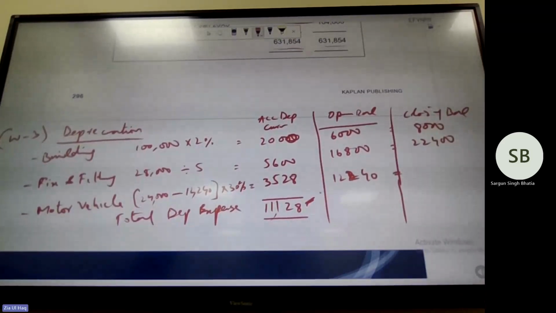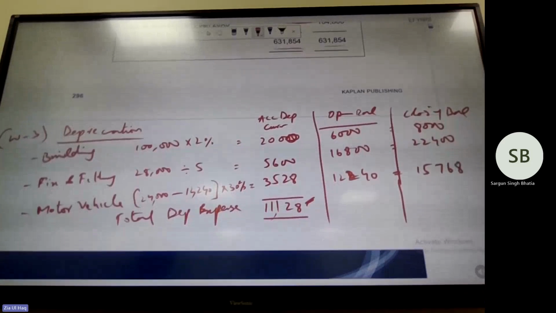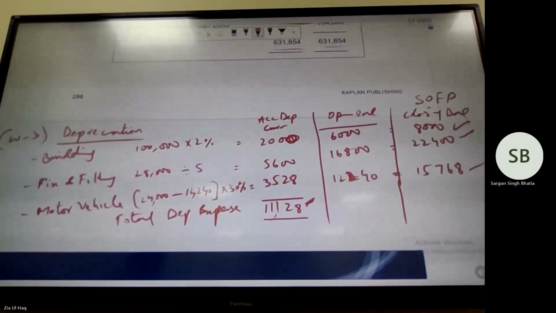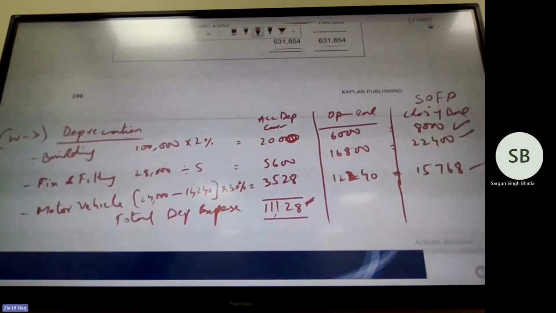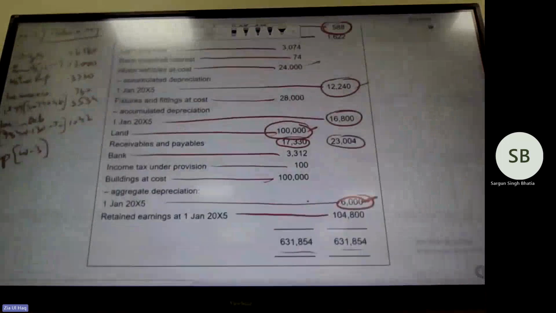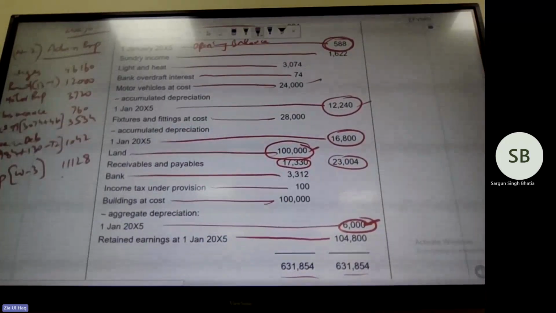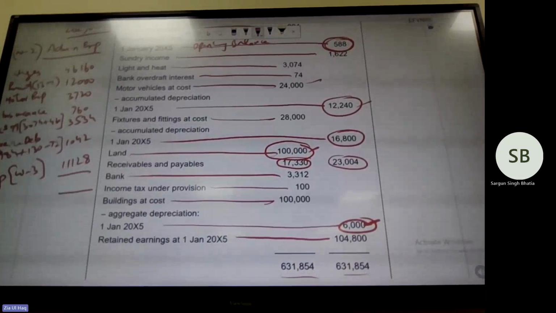And 12,240 plus 3,528 is 15,768. So these balances we need to record in statement of financial position. But in profit and loss account, we need to charge depreciation expense with the 11,128. So here we will record 11,128.